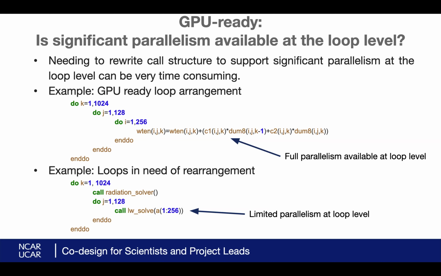Scientifically, you may have the product of 1024 by 128 by 256, but the way your code is written, you really only have 256-way parallelism at the loop level. So typically we have to rewrite it and push the parallelism down into the loop level.